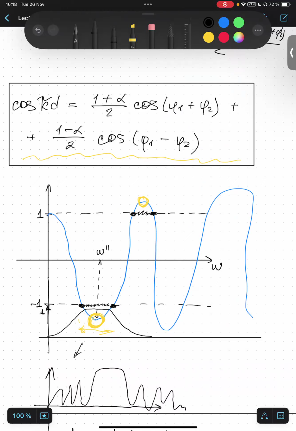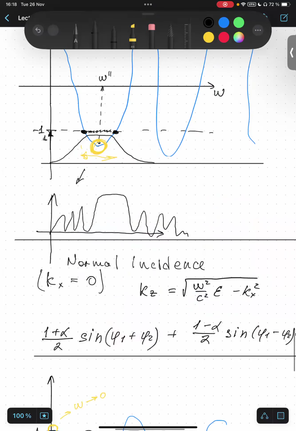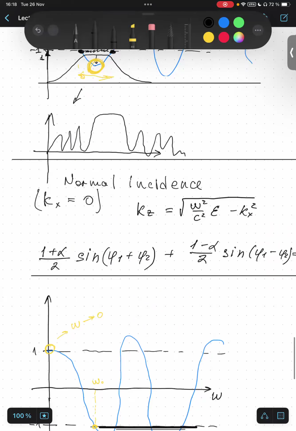Therefore, we are just trying to understand what happens qualitatively, not quantitatively, but just qualitatively.